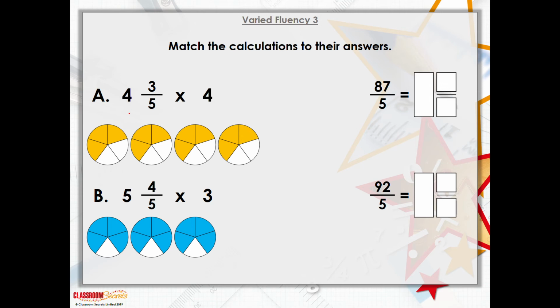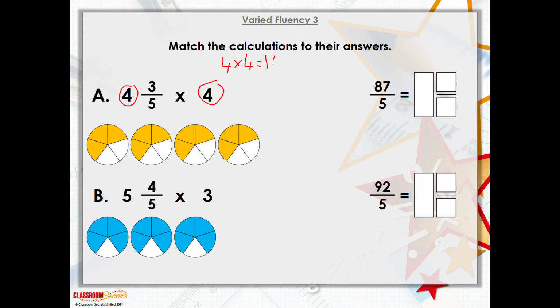So let's do our mixed numbers. Let's do our whole numbers first. Do apologise. We have 4 times by 4. Hopefully, most of you will know what 4 times by 4 is instantly, which is 4 squared. Let's have a look, 16.